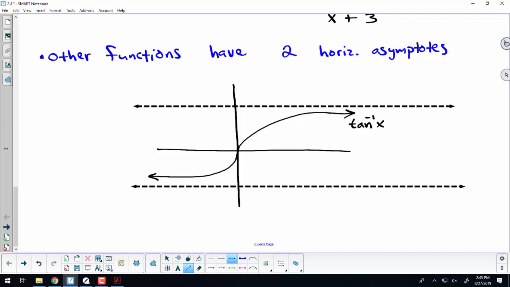That one straight? Good enough. So that was usually the standard inverse tangent graph. You have two horizontal asymptotes at pi over 2 and negative pi over 2.